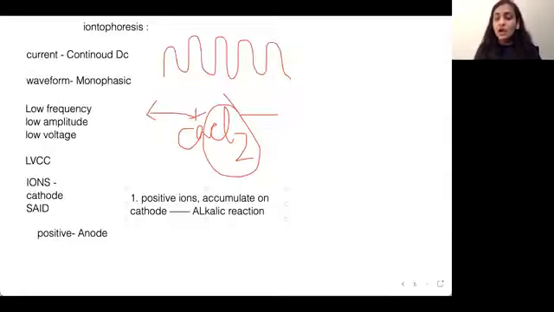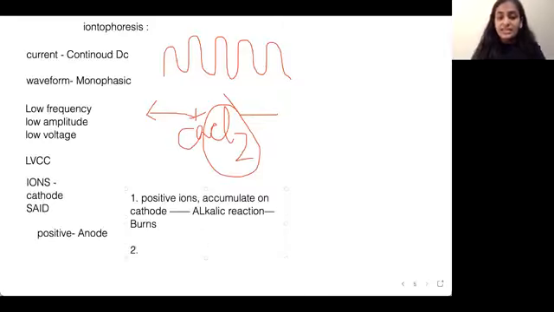Positive ions accumulate on a cathode. Now, think about a cat. A cat is a furious one, right? If someone sits on the cat, it gets really angry. Same way, if positive ions go and sit on the cat, accumulate on the cathode, it's going to get furious and it's going to cause an alkaline reaction. An alkaline reaction can cause burns. Will you remember this? If positive ions sit on the cat, it gets angry, causes an alkaline reaction, and that will cause burns.